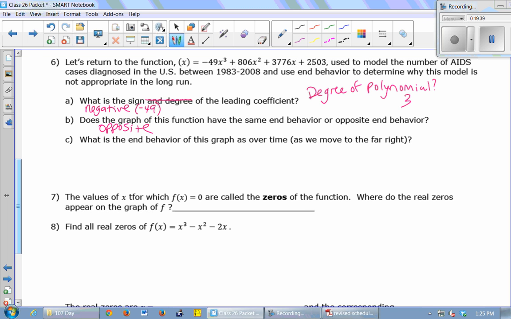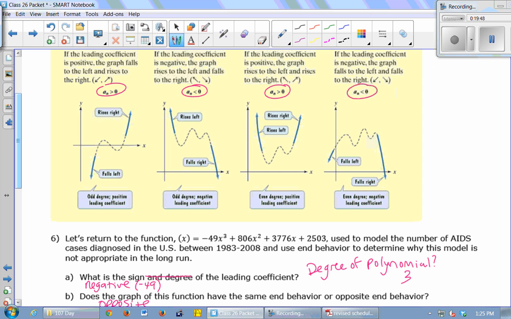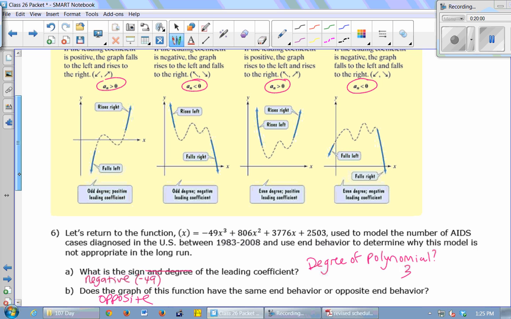It's negative, because of the negative leading coefficient. If you think of it like a line that has negative slope, that would fall left to right. My leading coefficient is negative 49, so the right arm goes down.